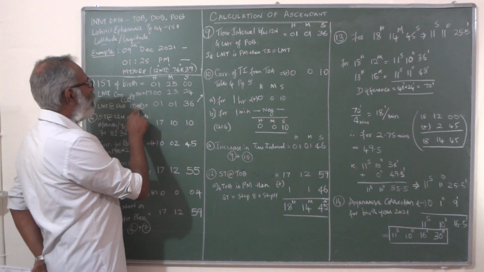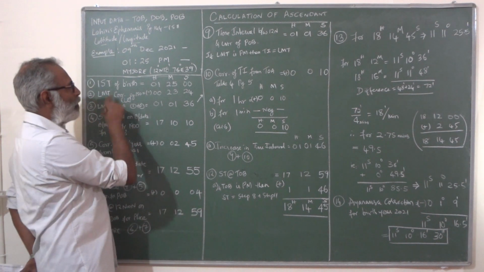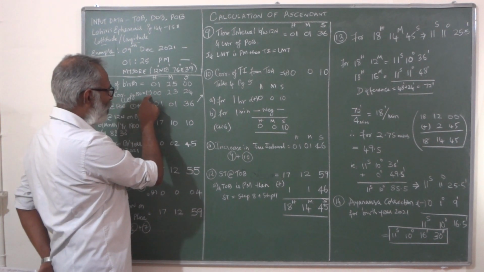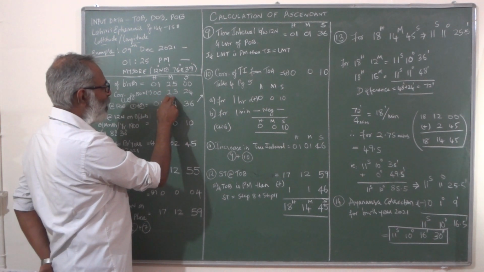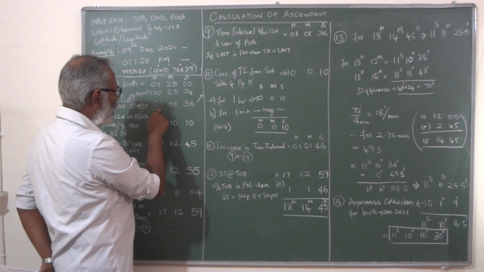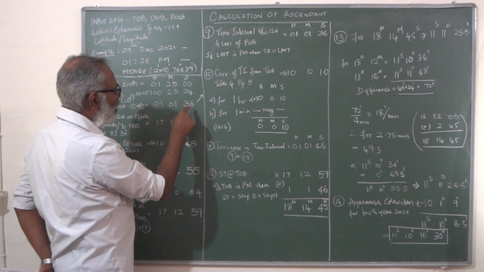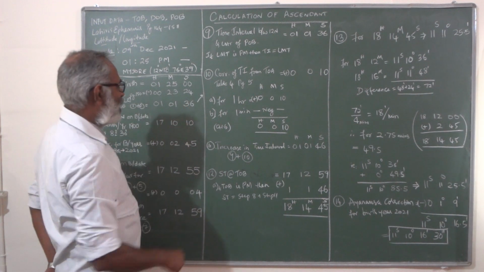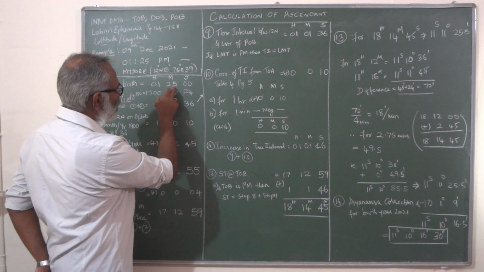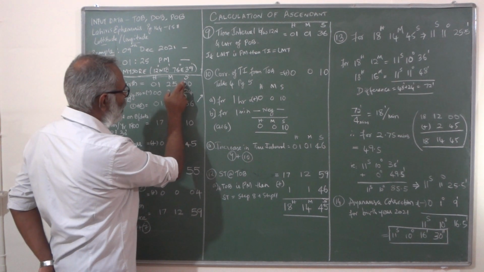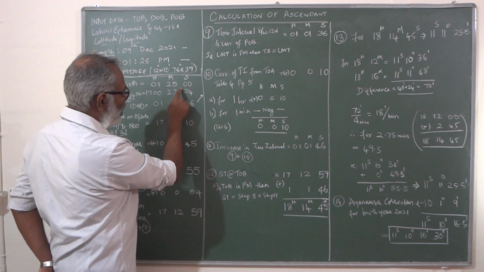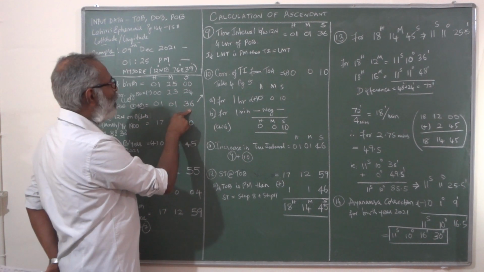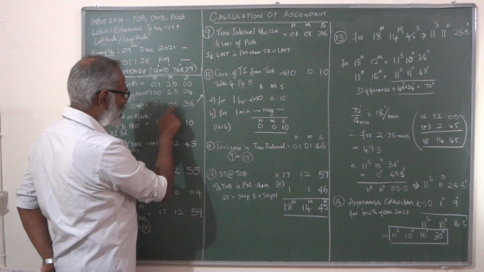So step 1 plus step 2: now we have to negate it. 1:25:00 minus 0:23:24, we get 1 hour, 1 minute and 36 seconds. That is because 1 minute becomes 60 seconds, and 60 minus 24 is 36, and then 24 minus 23 is 1.